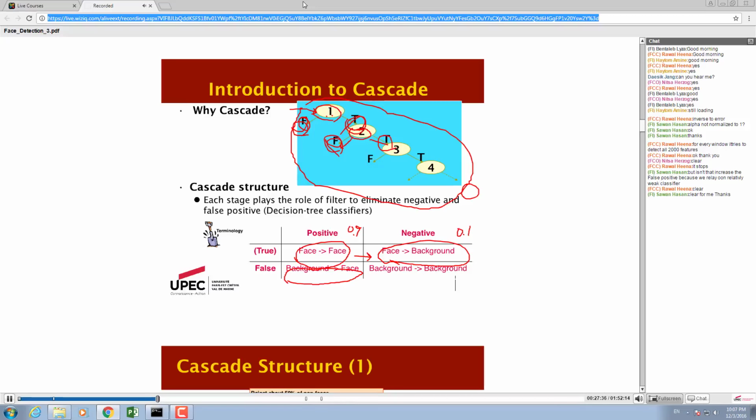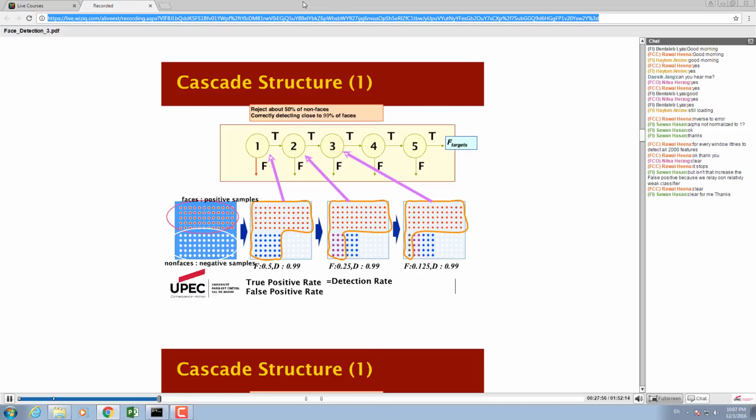That's the way to reduce the error, and the system gets better, and detection is more accurate. So let's keep that in mind. To design and construct every stage, we have to be very careful about true positive and false positive rates.